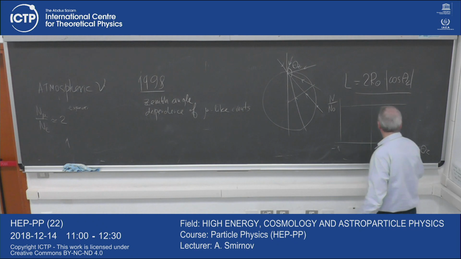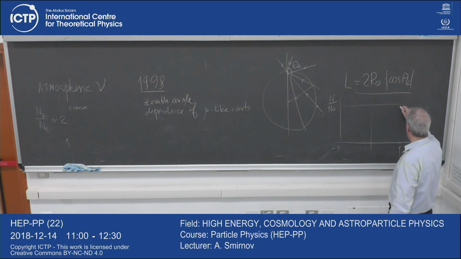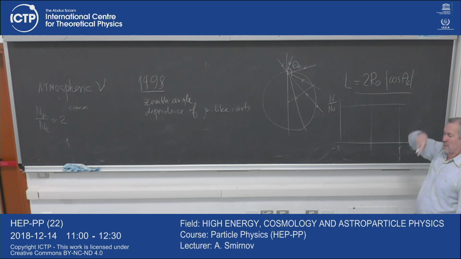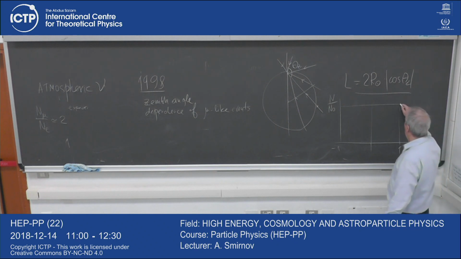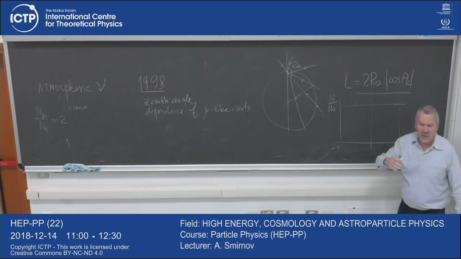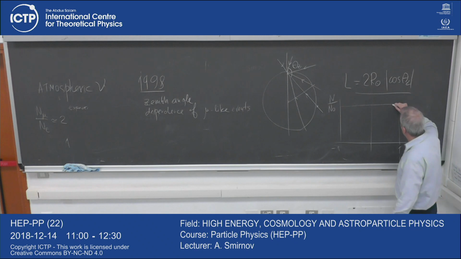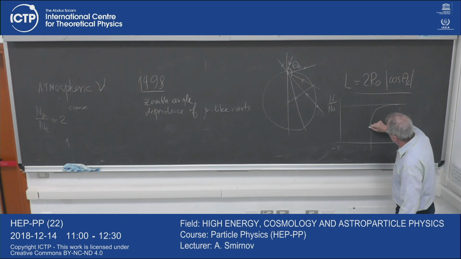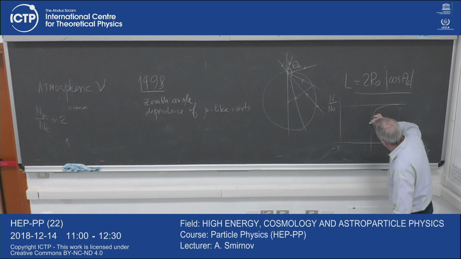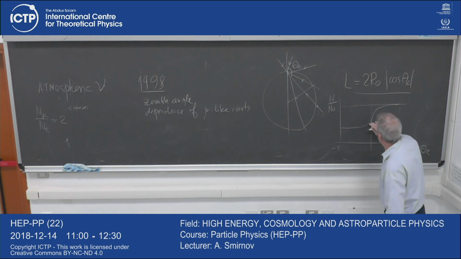It's -1, it's 1, and 1 is the direction from up to us. And the distance from the production point to our detector was something like 10-15 kilometers. So this is the width of the atmosphere, the place where these first interactions occur. And so what was finally found is something like this. Maybe something like this.